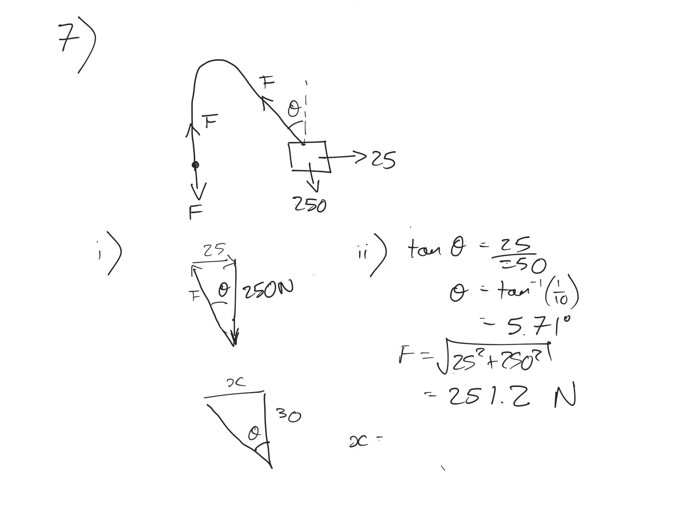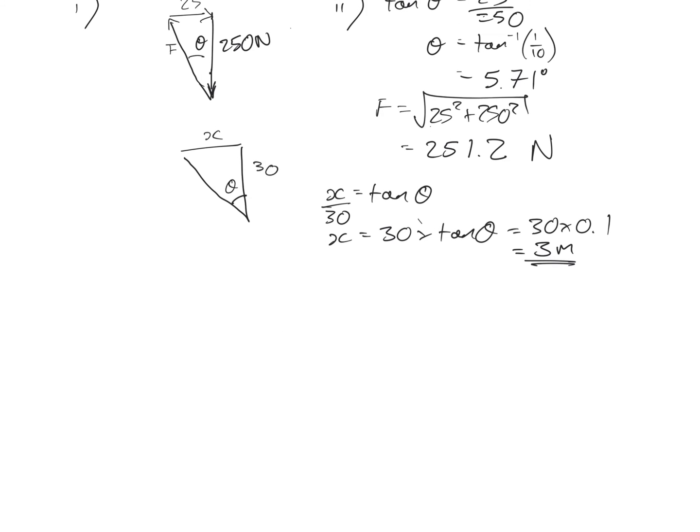So x over 30 equals tan theta, so x equals 30 times tan theta. Well, we know tan theta is 0.1, so 30 times 0.1, that means we've used the exact value, is 3 meters exactly.